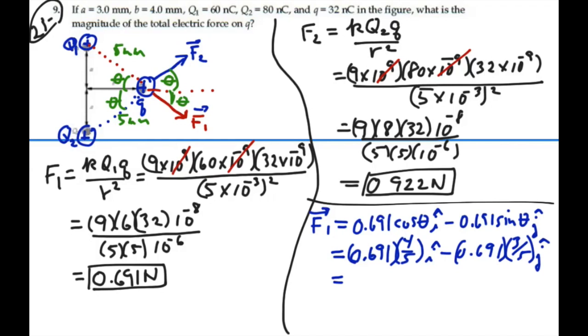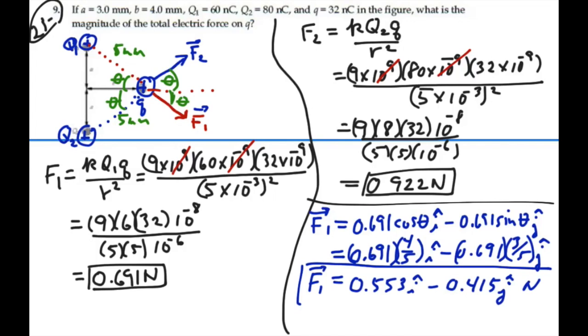So 0.691 times 0.8 is 0.553 i minus, and 0.691 times 0.6 is 0.415 j newtons. All right, so that's our F1.